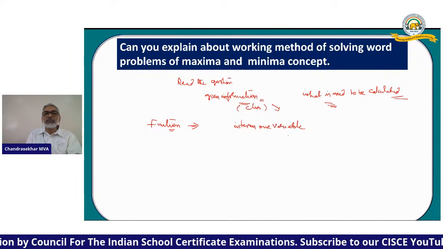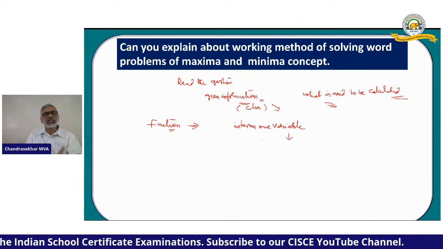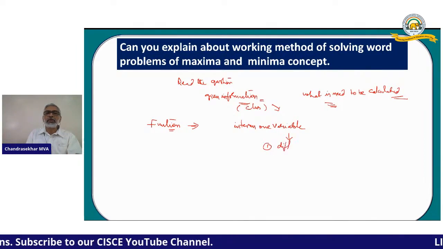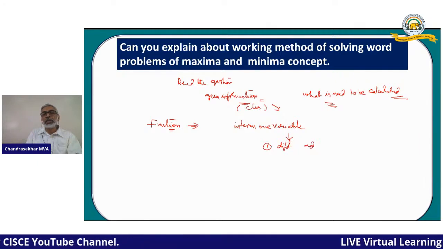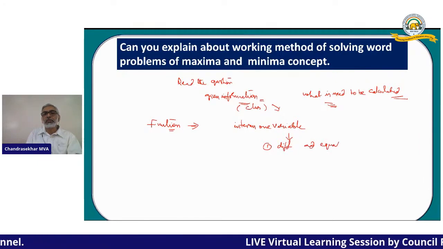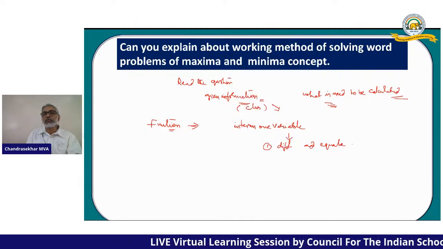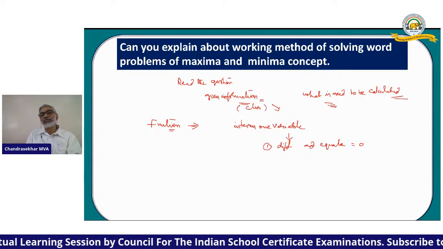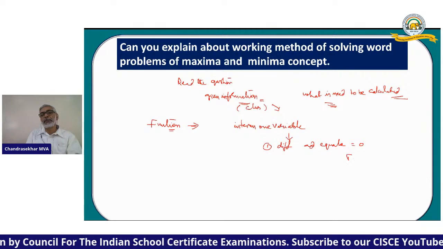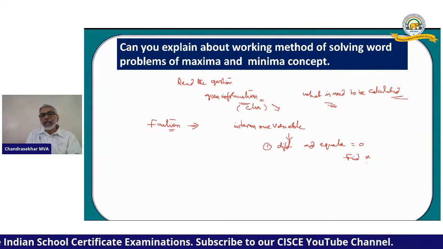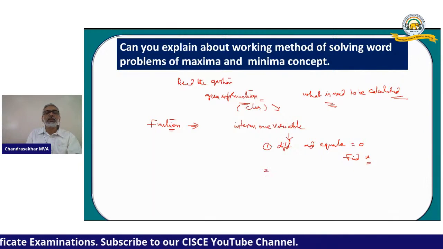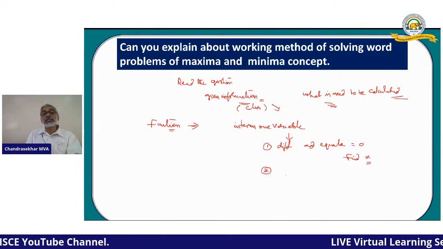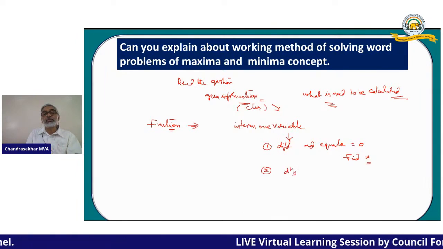After writing in terms of one variable, the next part is common. Differentiate the function and equate to 0. Find the values of the variable x. At each value of x, verify whether the second derivative is positive or negative.